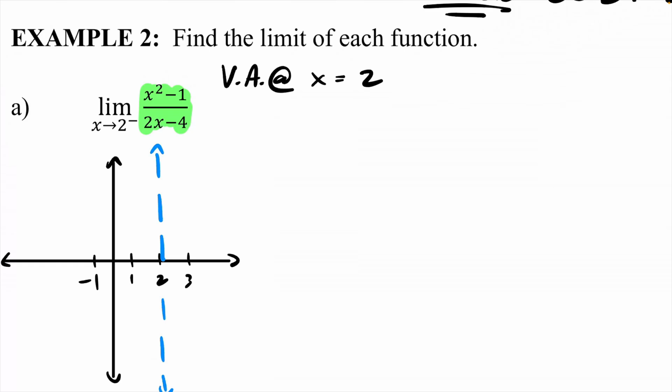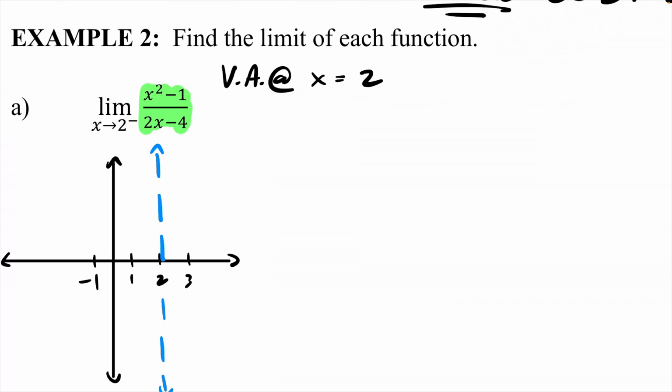I don't care what's happening on the right side. Why don't I care about the right side of the blue dashed line? Because we're only looking at the left side, right? So I only care about what's happening on the left.